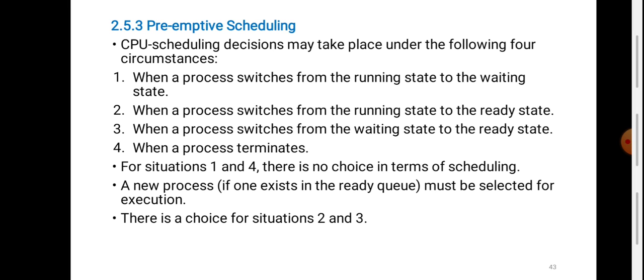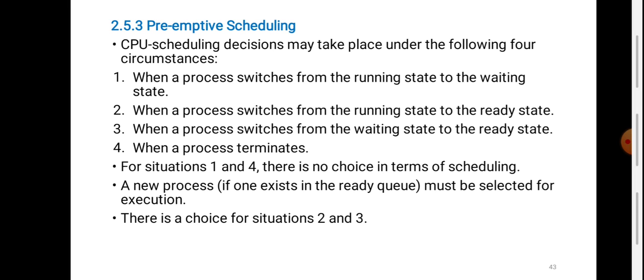Okay, for situations 1 and 4, that is first and last, there is no choice in terms of scheduling. We have to schedule the CPU. A new process, one that exists in the ready queue, must be selected for execution once the process terminates.